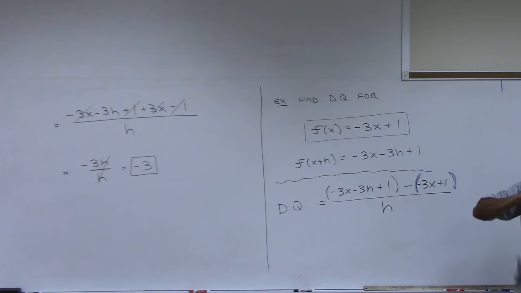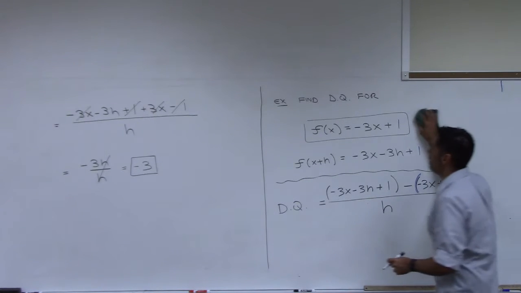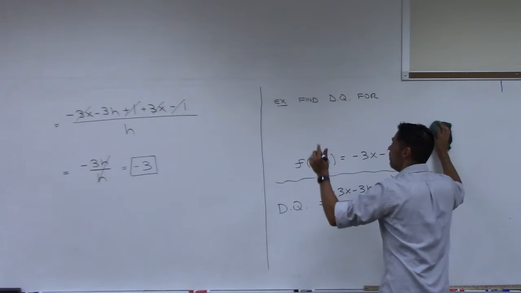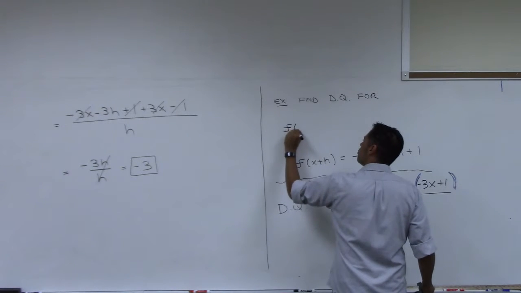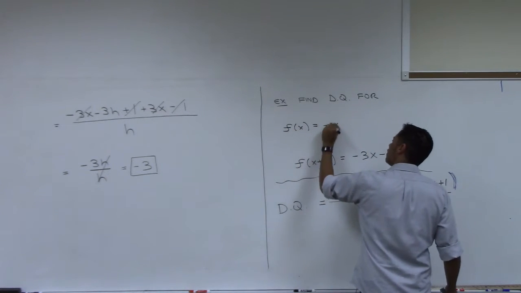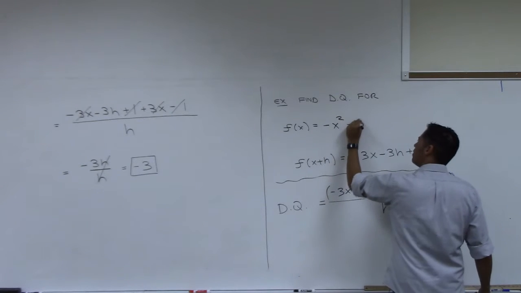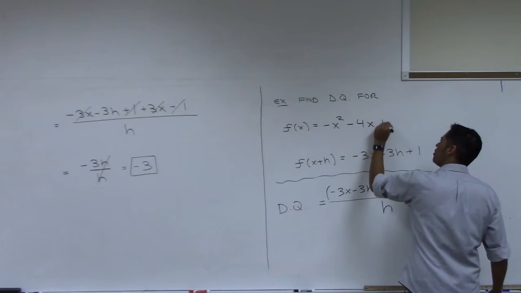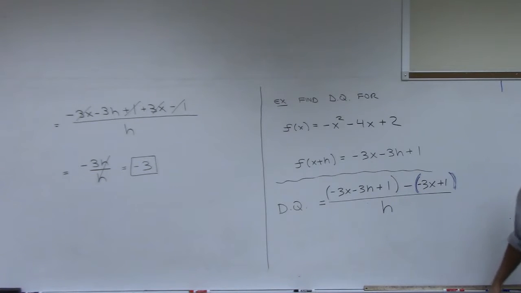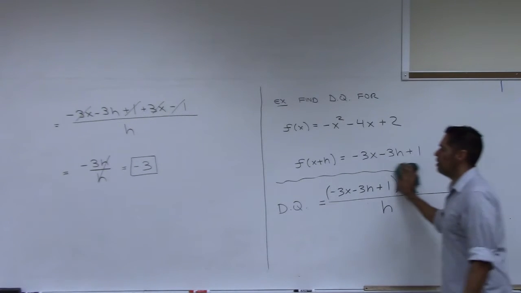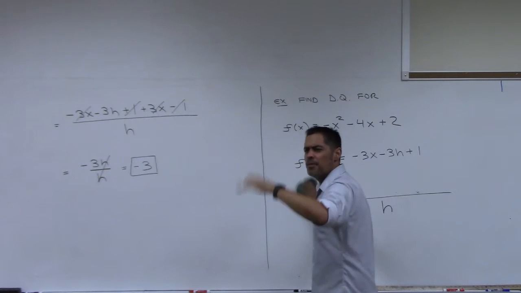Yeah, I'm going to run out of time here, but let's at least set one up. What was the other problem I gave you? We're going to start a new problem here. I want us to find the difference quotient. It was negative x squared minus 4x plus 2. Remember that one? I gave you that function earlier? And I asked you to find the difference quotient. I asked you to find a couple of different things.